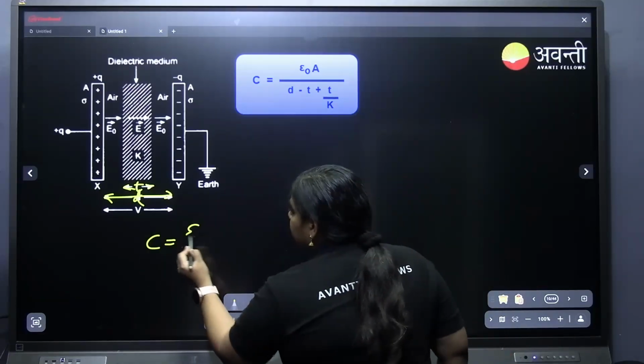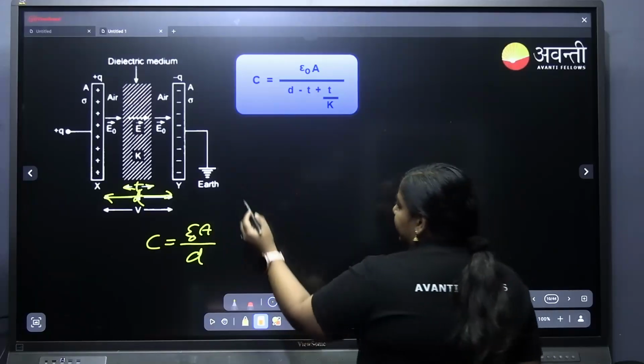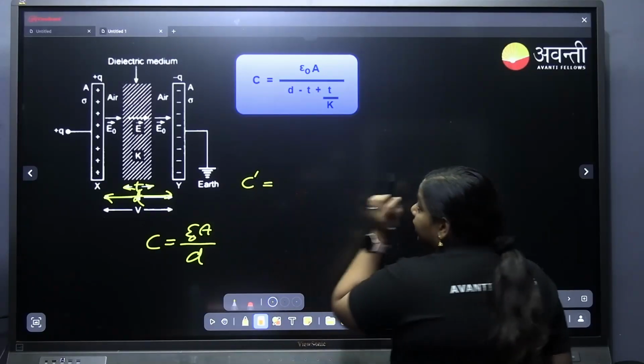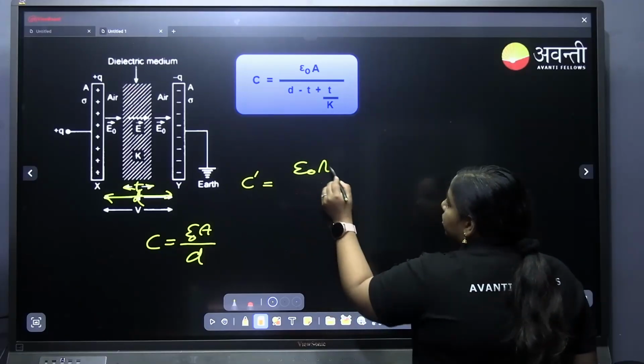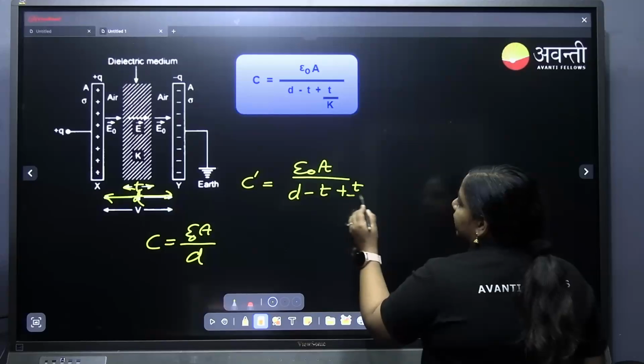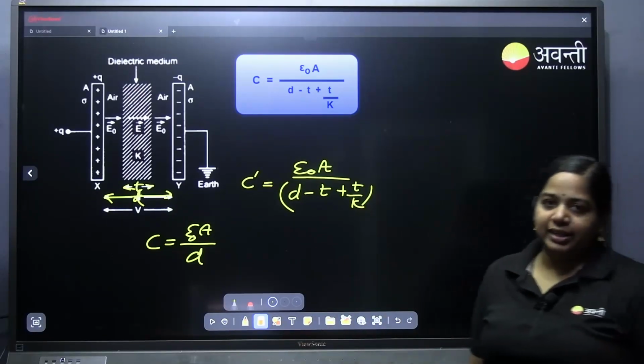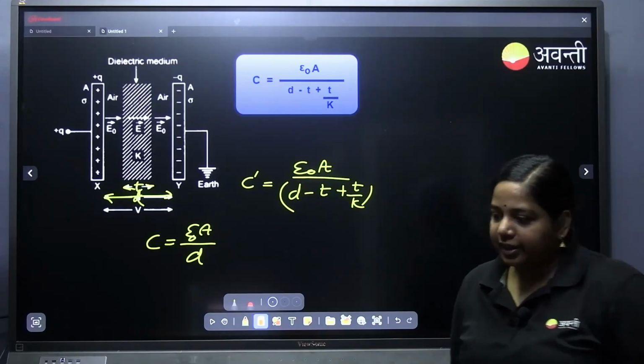Initially it is equal to epsilon naught A by D. After inserting the partially filled dielectric, it will change to epsilon naught A by (D minus T plus T by K). This will be the formula for a partially filled dielectric. Okay, is that clear?